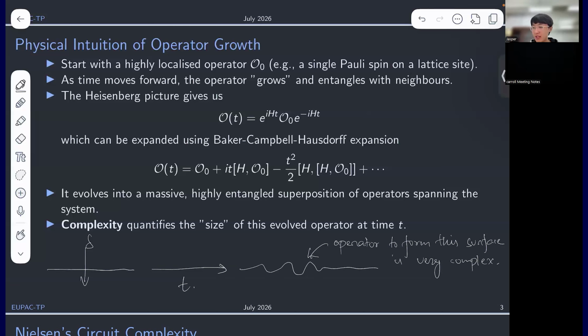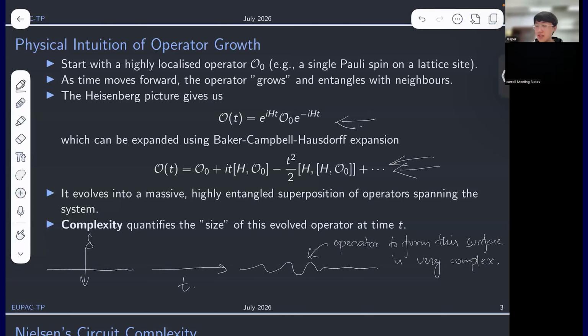In the Heisenberg picture, we see that the time evolution is given by this equation, and we can expand this equation in nested commutator form and write it in this form.